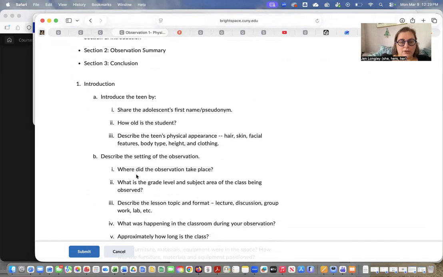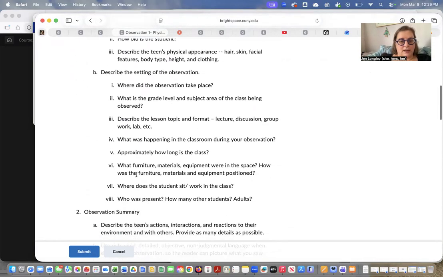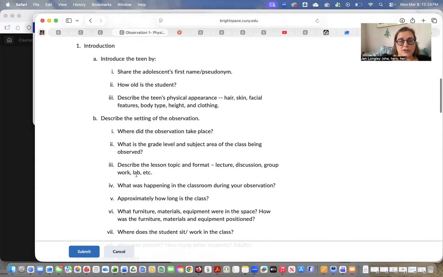This is what you're going to talk about in the introduction, again in the form of an essay: the adolescent's first name or a pseudonym, approximately how old they are, what grade they're in, and describe their physical appearance, their hair, skin, facial features, body type, height, clothing.